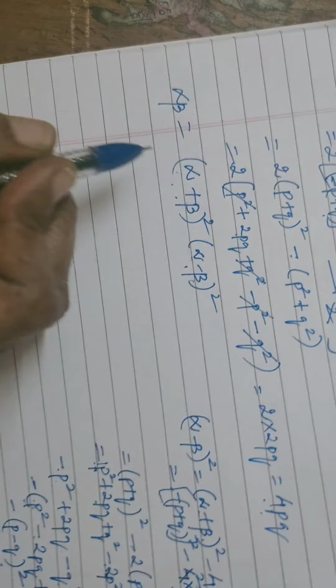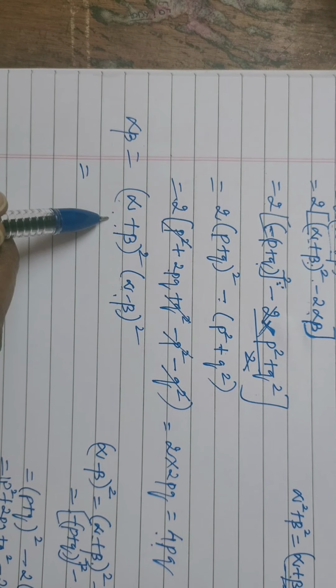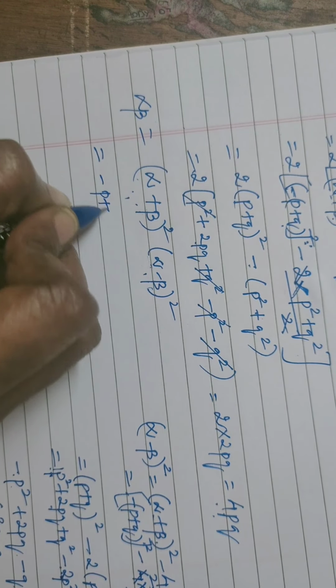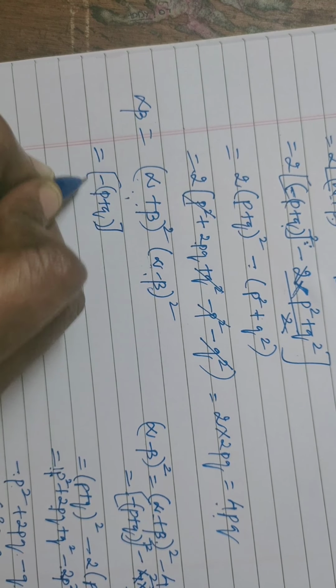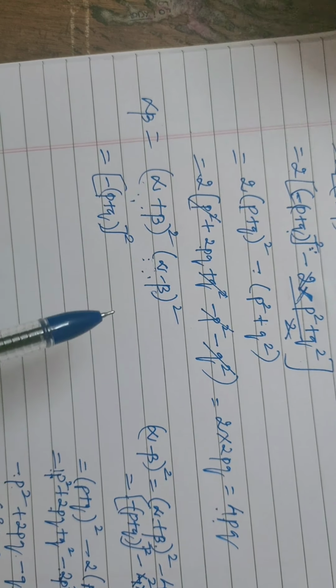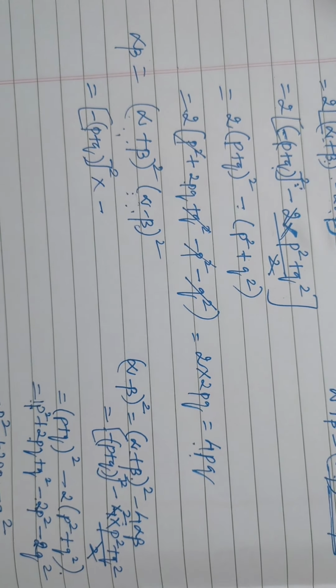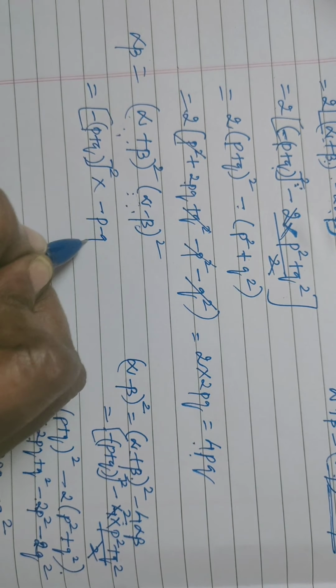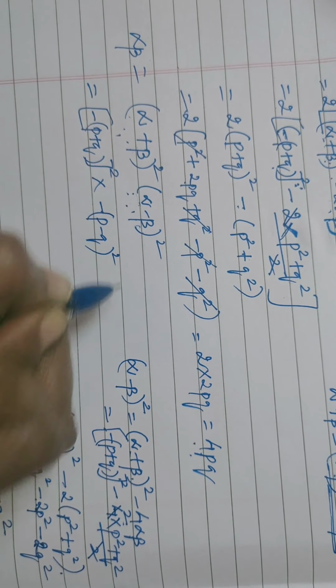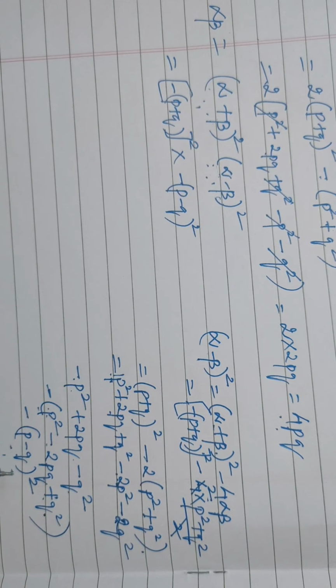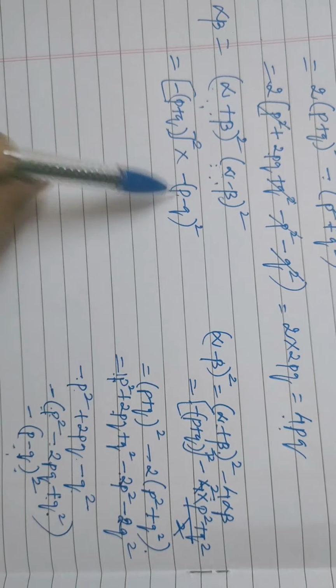So you understood. Now we are going to put it here. What is alpha plus beta? Minus p plus q the square, and we got alpha minus beta, that is into minus p minus q the square, and this is what? Alpha minus beta the square. That place we have, right.